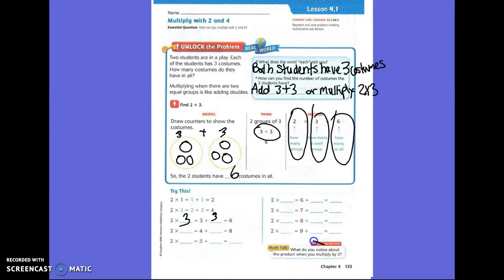Okay, 2 times 4 is the same thing as 4 plus 4, and 4 plus 4 is 8. 2 times 5 is the same thing as 5 plus 5. And what does 5 plus 5 equal? 10. What's this next one going to be? 2 times 6 is the same thing as 6 plus 6.